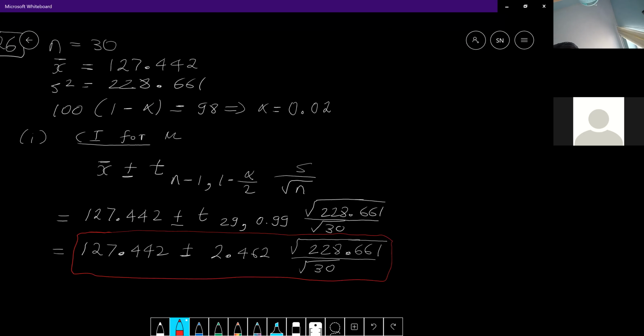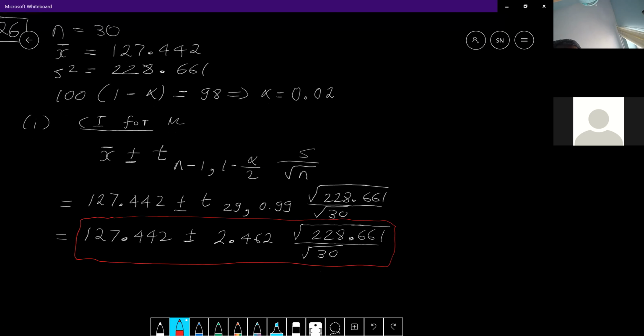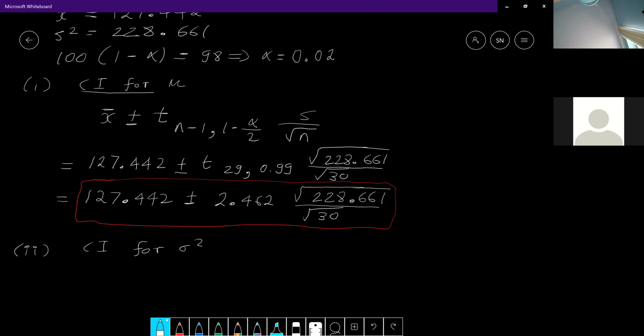Now for the second part of question 6, you're looking for the confidence interval for sigma squared. You remember the formula that I just gave you. Of the four formulas, the one that is applicable to this one is this one.